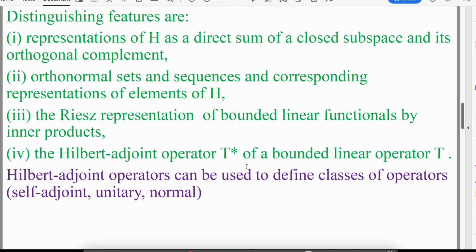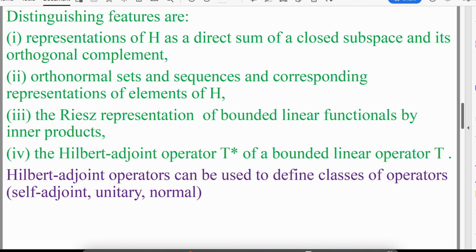So what is different in Hilbert space? In Hilbert space, the distinguishing features are: first, representation of H as a direct sum of a closed subspace and its orthogonal complement.